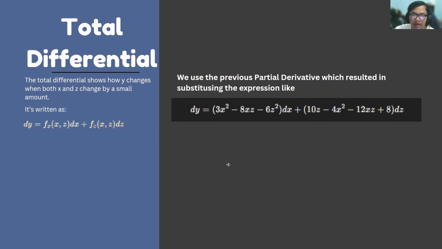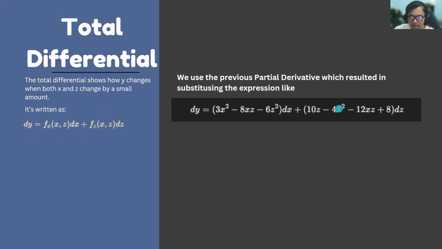Second, we have total differential. The total differential shows how y changes when both x and z change by a small amount. It's written as dy equals fx(x, z) dx plus fz(x, z) dz.